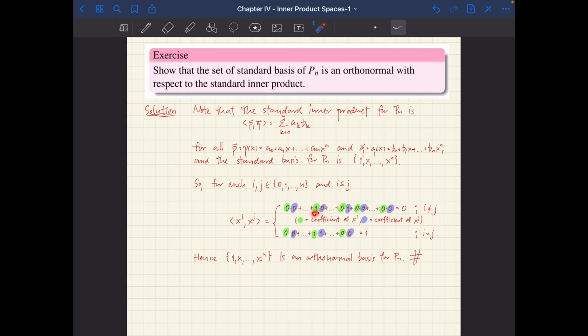For this one the coefficient is 1 and for the other one it is 0, so 1 times 0 is 0, and this one is 0 and 1, 0 times 1 is 0. So the result is 0. And if i equals j, the result is 1. From this we can show that this set is an orthonormal basis.